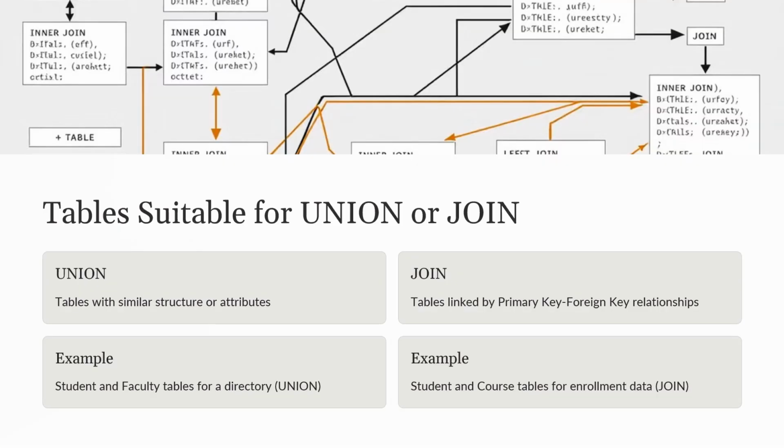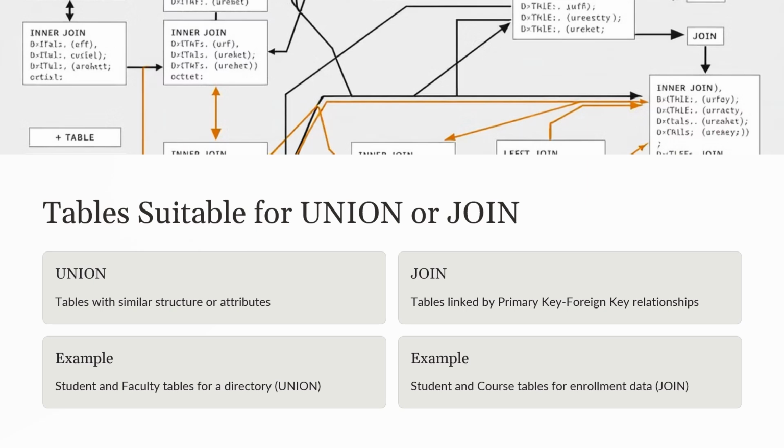So when do we use union and when do we use join? Union is used when tables have a similar structure or attributes. For example, we want to build a directory of the school, merging student and faculty tables.